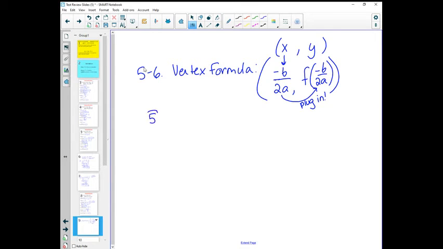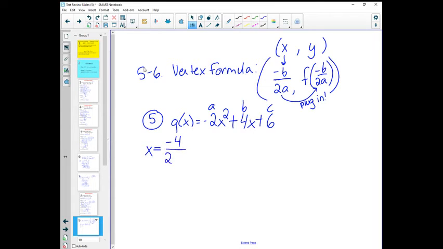Let's start with question 5. Question 5 states q of x equals -2x squared plus 4x plus 6. I'm going to label my variables a, b, and c. To find the x value of the vertex, I'm going to take -b, which is 4, divided by 2 times a, which is -2.